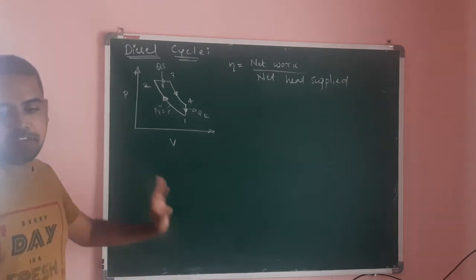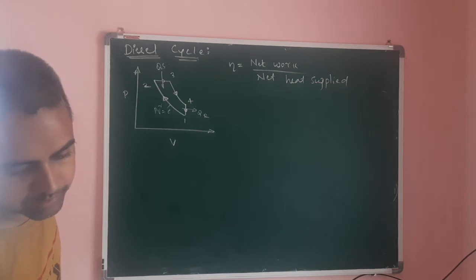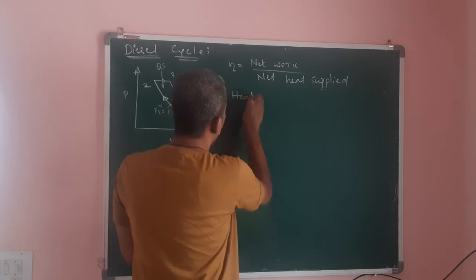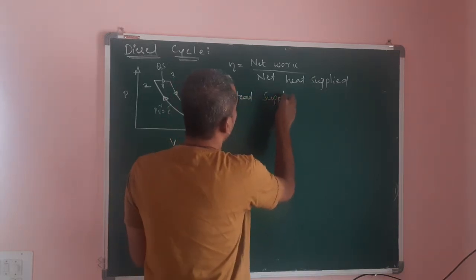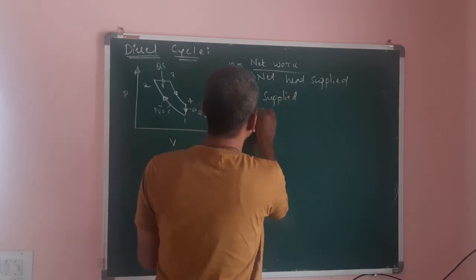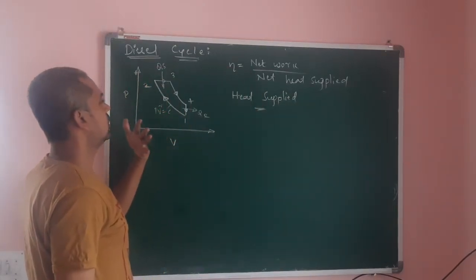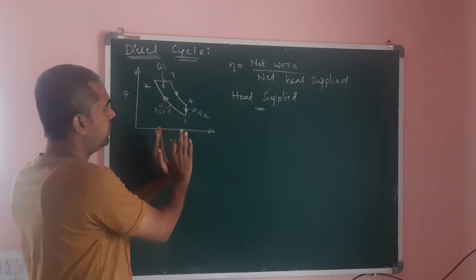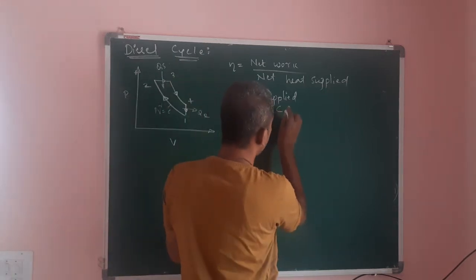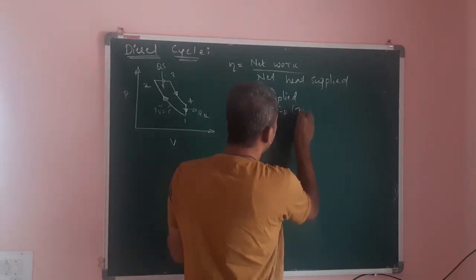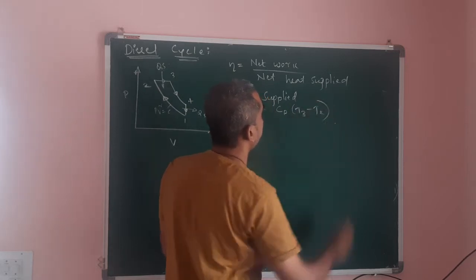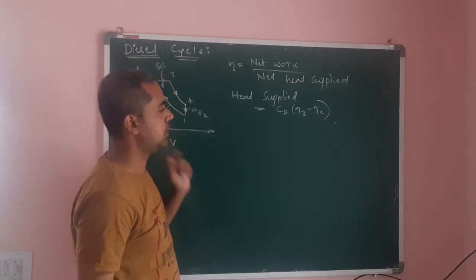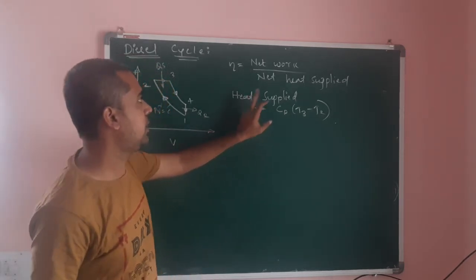Now, heat supplied is equal to Cp into (T3 minus T2), since heat supplied is equal to change in enthalpy in a constant pressure process. This is heat supplied.